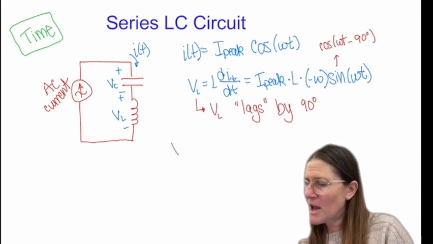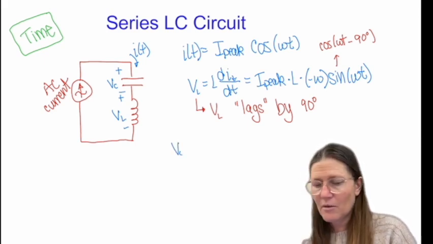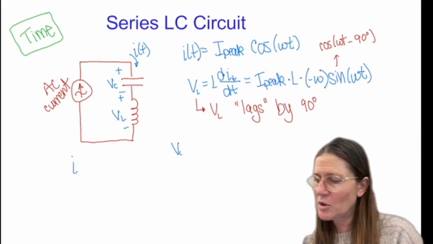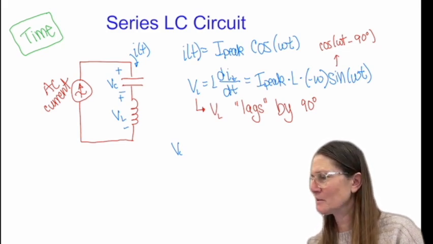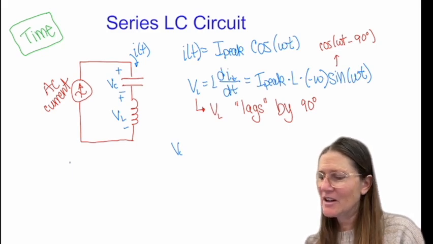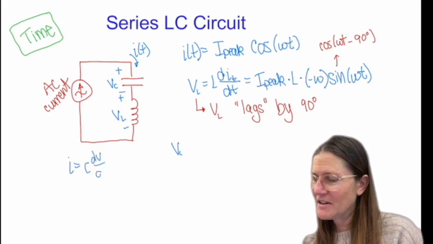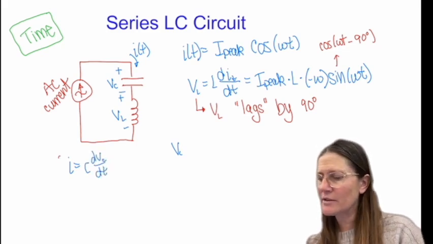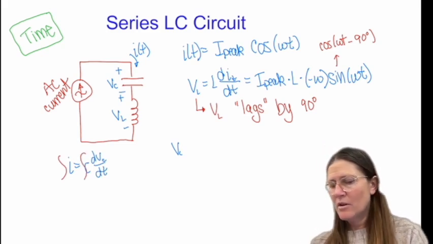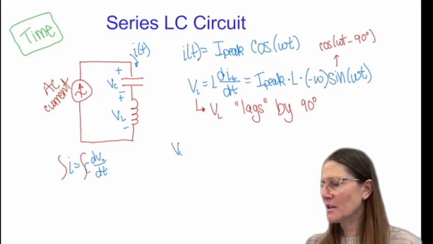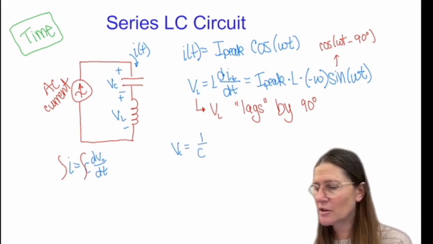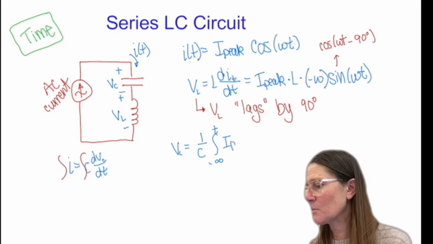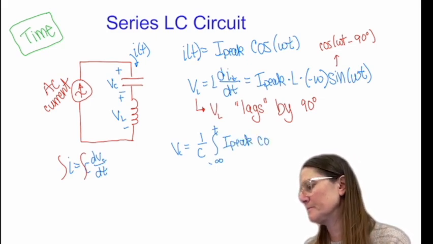For the capacitor, we know that I is equal to C dV/dt, where C is the capacitance. So if we integrate this, we know that VC is going to be 1 over C, and then we have to integrate the IC, which is the I peak, and integrate the cosine.